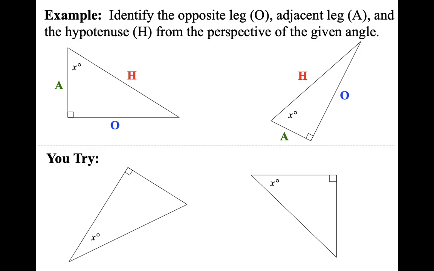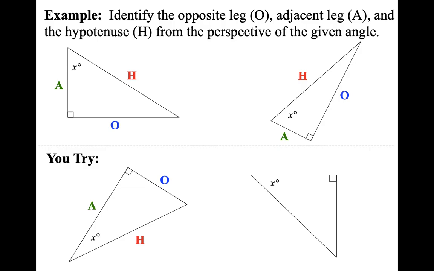So again, our reference angle is that lower left angle for this first right triangle. The two legs are the sides that surround the right angle, and the hypotenuse is across the right angle. So we go opposite the triangle to get our opposite leg. We go next to the reference angle x for the adjacent leg, and then we go across the 90-degree angle for the hypotenuse.